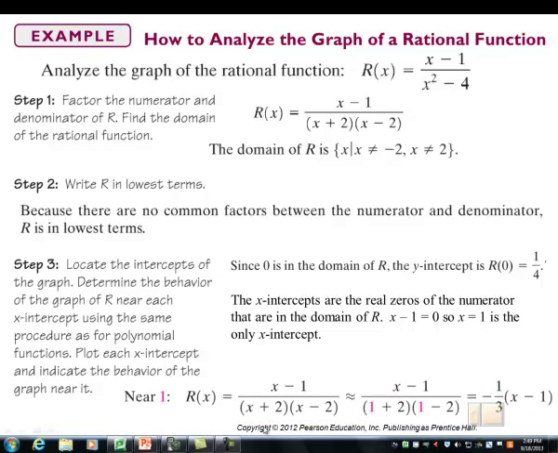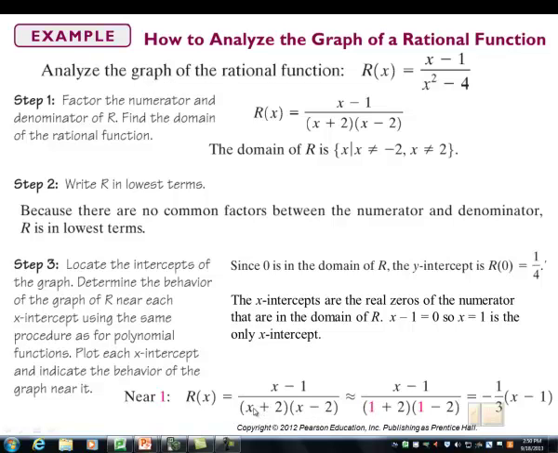And now we want to know what behavior the graph is going to have near our x-intercept at 1. We can't put 1 in the numerator, because that would give us 0, so we put 1 in the denominator.